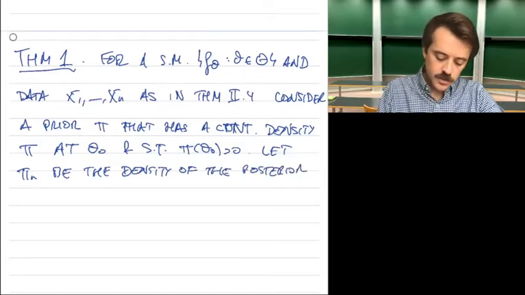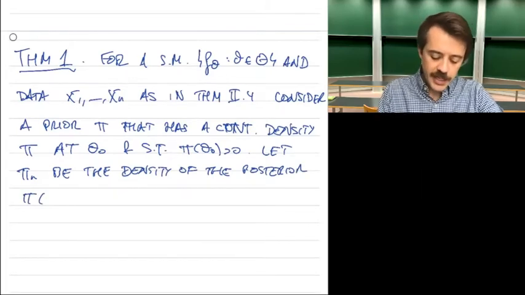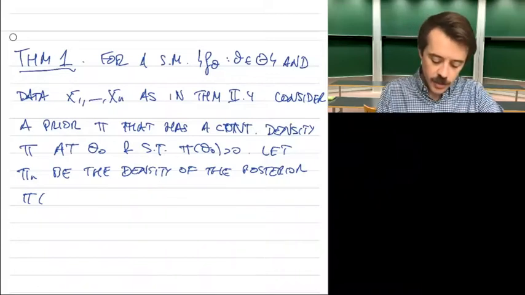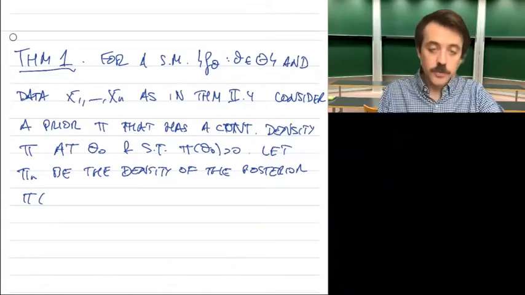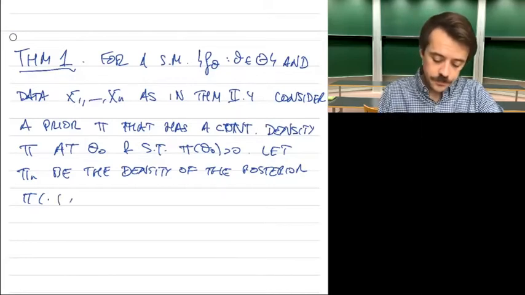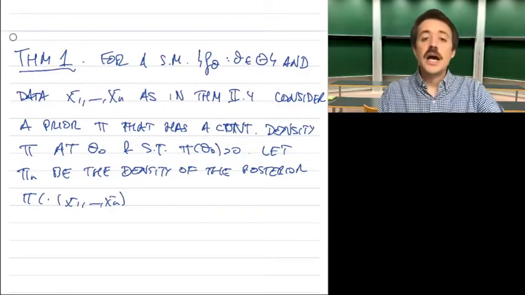And I'm sort of using the notation of pi interchangeably, whether it is a density or a measure, but it should be clear from the context what I am using. So this guy, right.